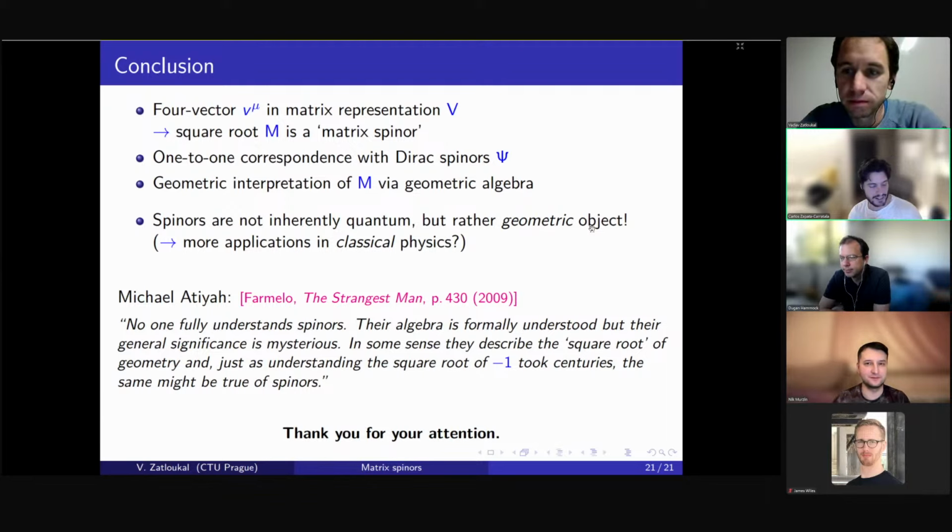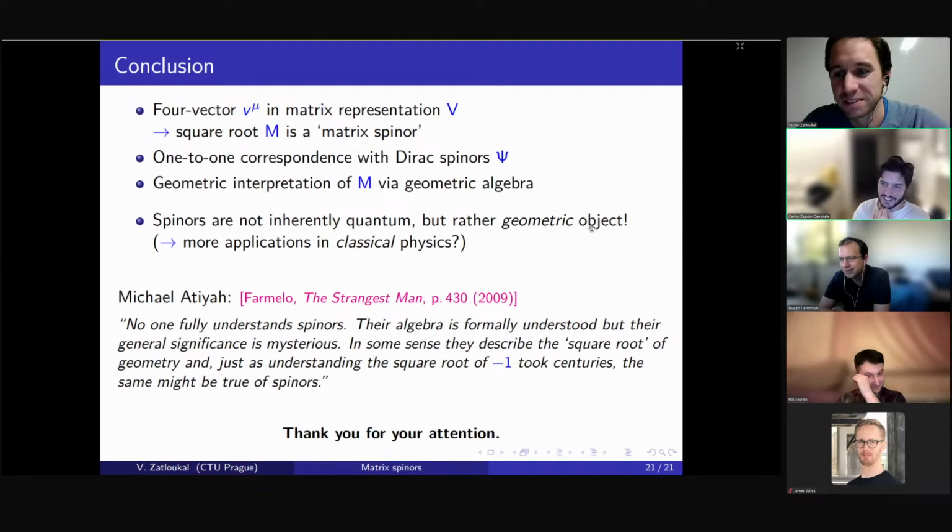I met him at a talk about spinors that he gave in Edinburgh, and at the end of the talk he comes to me and says, "You know, Carlos, I've been thinking about this for about 50 years now, and I think I'm starting to understand spinors now." Michael Atiyah, at whatever age he was at the time, just told me, I think I'm starting to understand spinors a little bit.